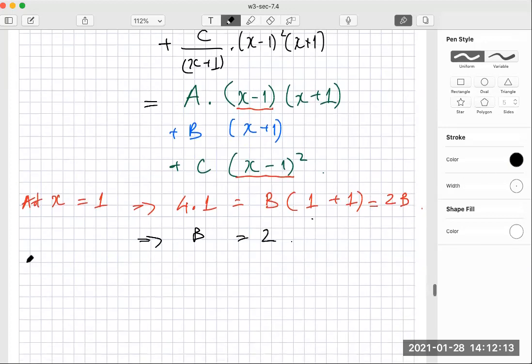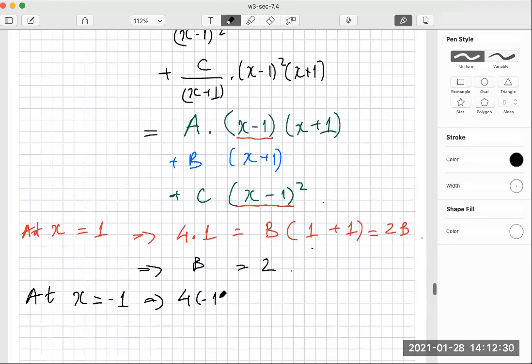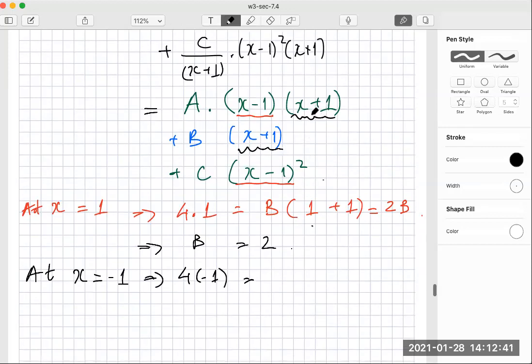So we pick another value to find A and C, right? Which number should we choose here? -1, okay. The left-hand side, when x is equal to -1, it will be very good. The right-hand side becomes, if -1, this term would be 0, right?